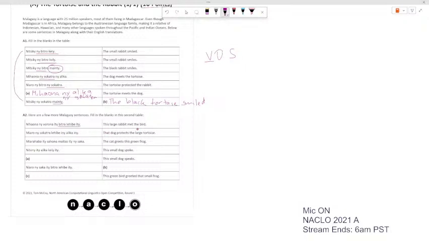That dog protects the large tortoise. That dog, so it's obviously the last part of the sentence. I'm guessing it's this one. And since it's the large tortoise, large is lahibe. Yeah, because large is lahibe. Large rabbit, bitro lahibe. And then this is sokatra lahibe.